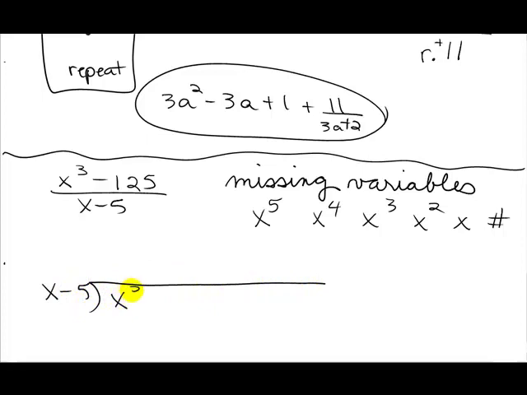So I've got x cubed, and then I've got plus 0x squared plus 0x, then minus the 125. So let's see, if I start here with this x cubed, I've got to have all of this. So I've got x cubed, x squared, x, and then that constant number.